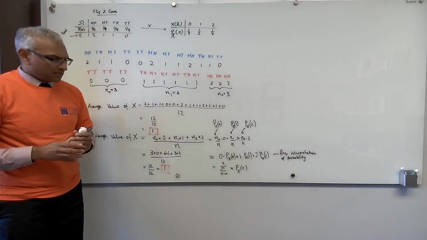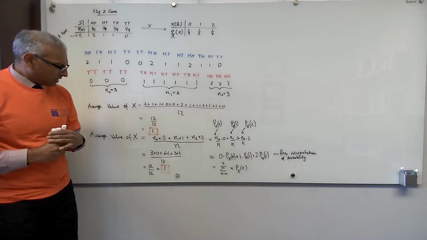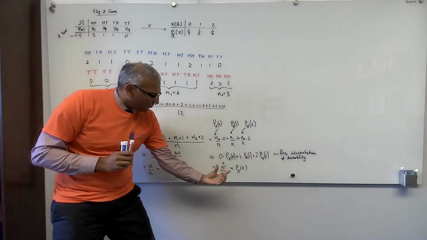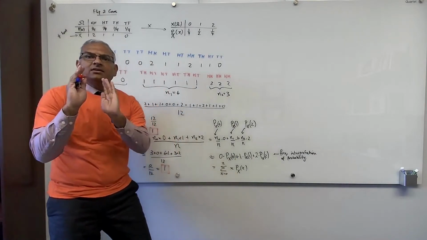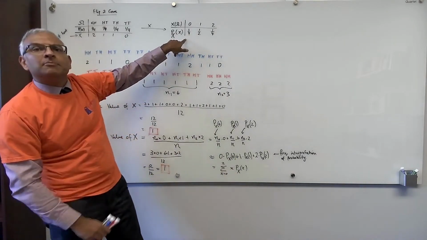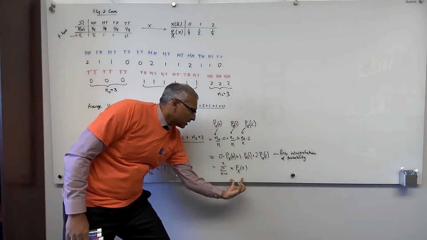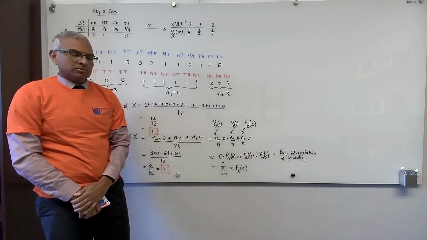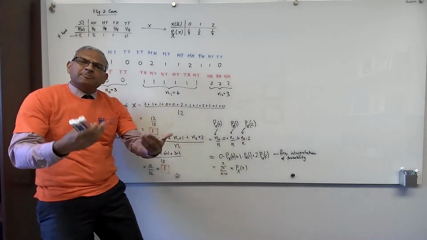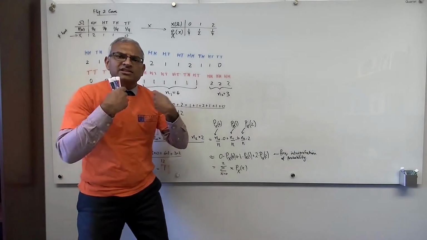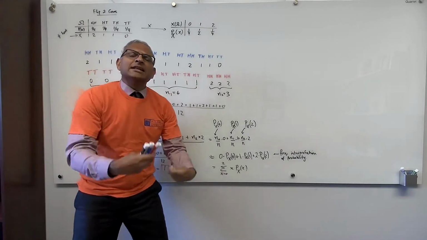Okay? And so, what I have here is now a formula which I can compute directly from this PDF table. And what does this formula compute? It computes what I expect to see as the average measurement if I run the experiment over and over and over many, many times.